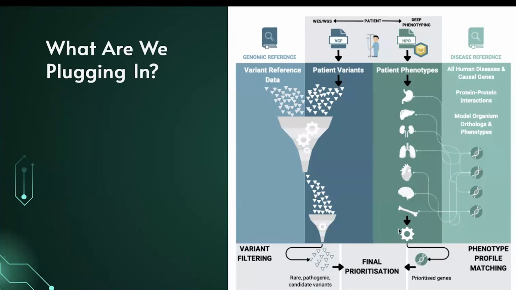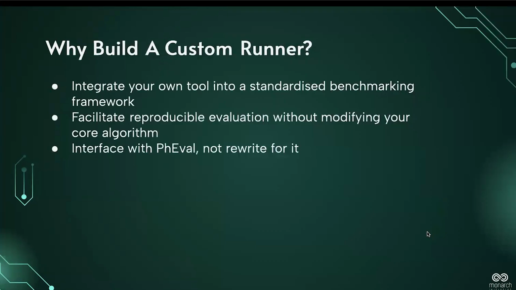So this is just to put into context what we're going to be plugging into that runner phase. So why build a custom runner? Well, first of all, you can integrate your own tool into a standardized benchmarking framework. There are already numerous benchmarks out there published in different journals, and they all tend to evaluate different types of metrics.